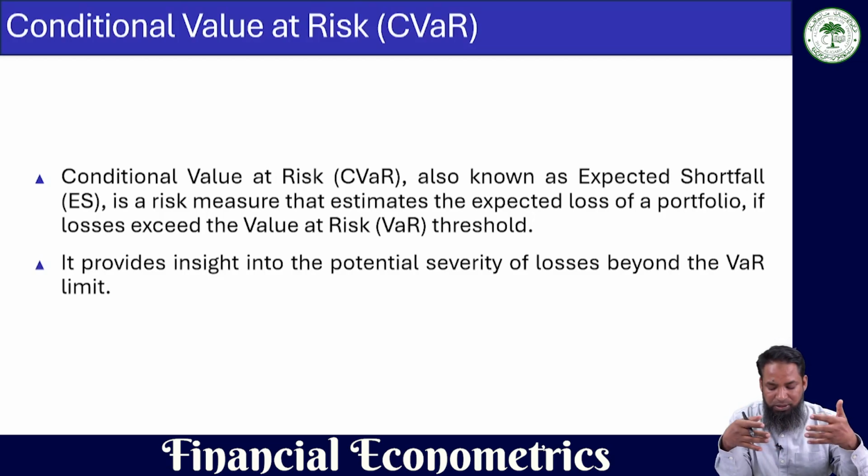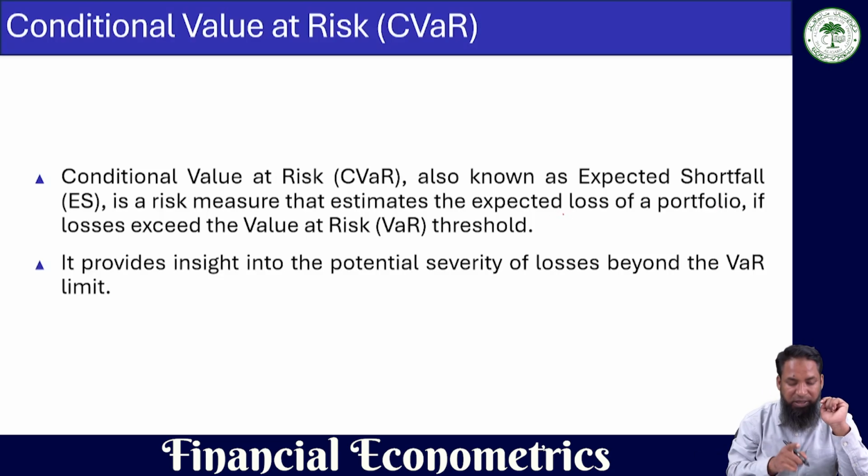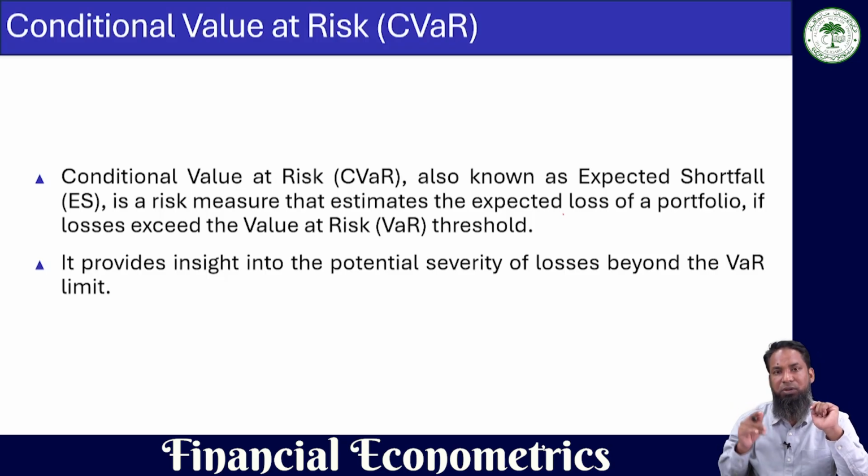Conditional value at risk is also known as the expected shortfall. It is basically a risk measure that estimates the expected loss of a portfolio if the losses exceed the value at risk threshold, that is, what could be the maximum loss.